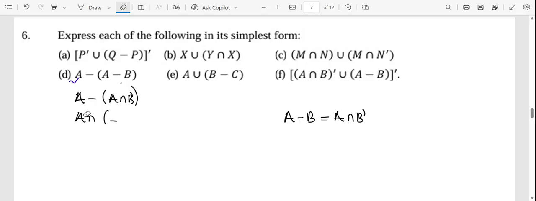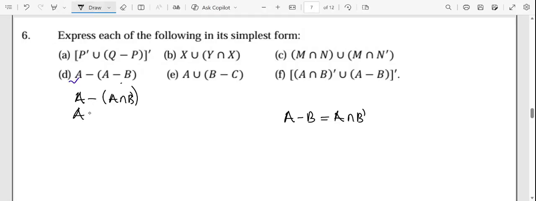So we have A, which was minus. Now it will change to intersection of what you have, complement, right? This one we already made it. So the complement is there. Have you seen? This intersection has come up to replace this one.